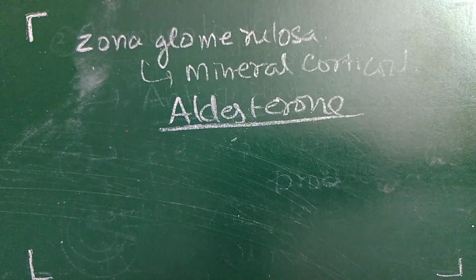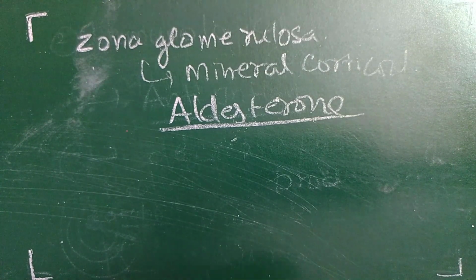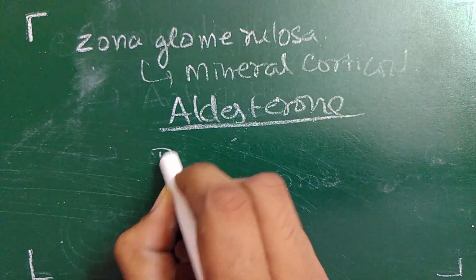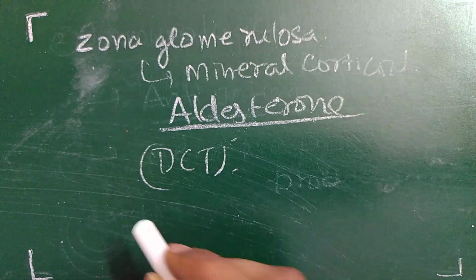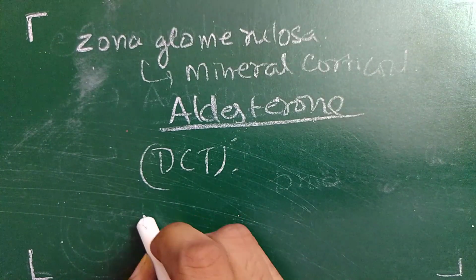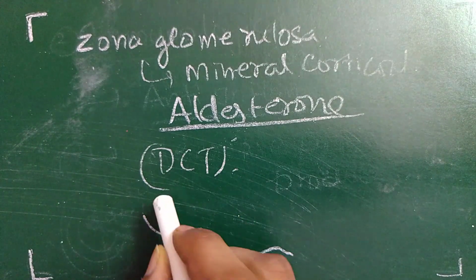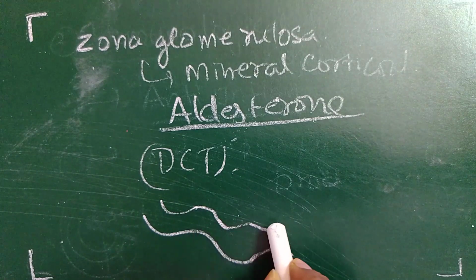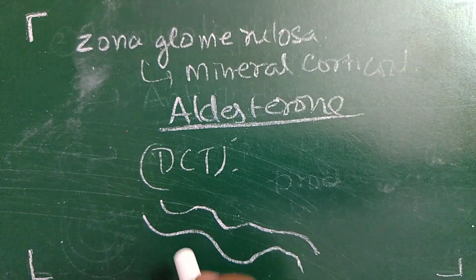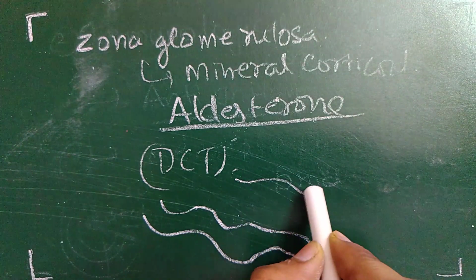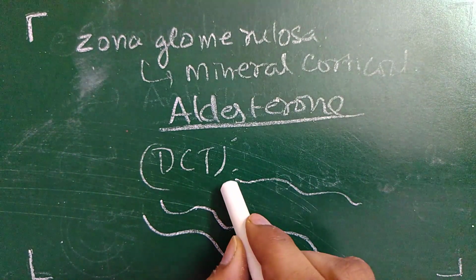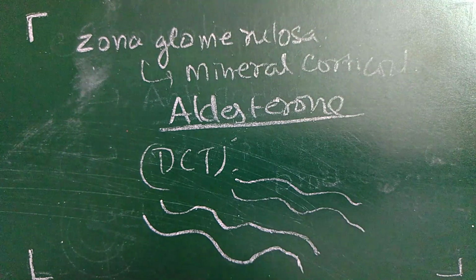Aldosterone acts on the kidney, like it acts on the DCT. Let's say this is the filtrate, as we have learned in the excretion chapter, and this is the peritubular capillary, where blood is flowing.